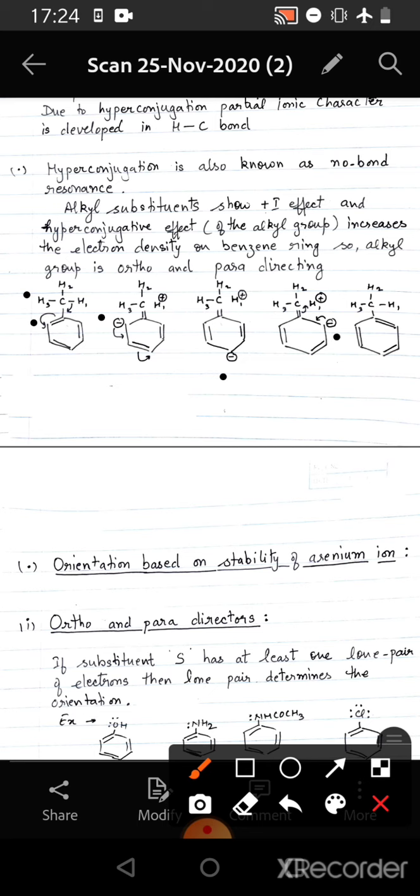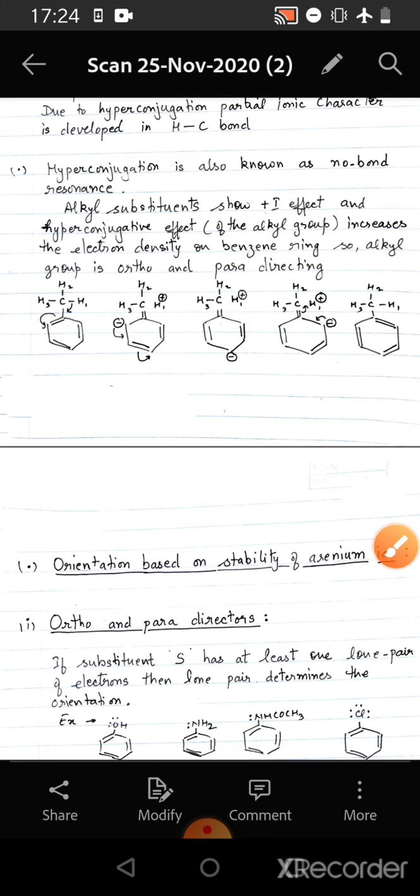Then the electron pair shifts between C1 and C6, and a double bond is formed between C1 and C6, and neutrality is obtained.